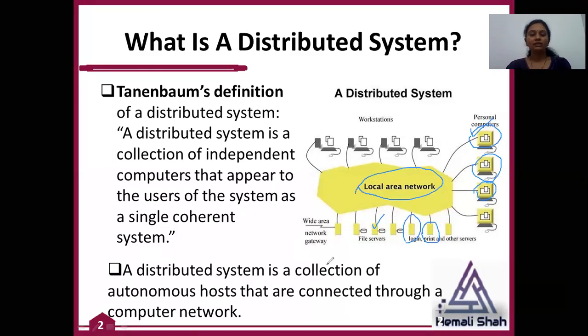A distributed system is basically a collection of autonomous hosts. Autonomous hosts means the computers that are connected through a computer network. In my lectures, I will use keywords like node, processing element, computers, workstation.